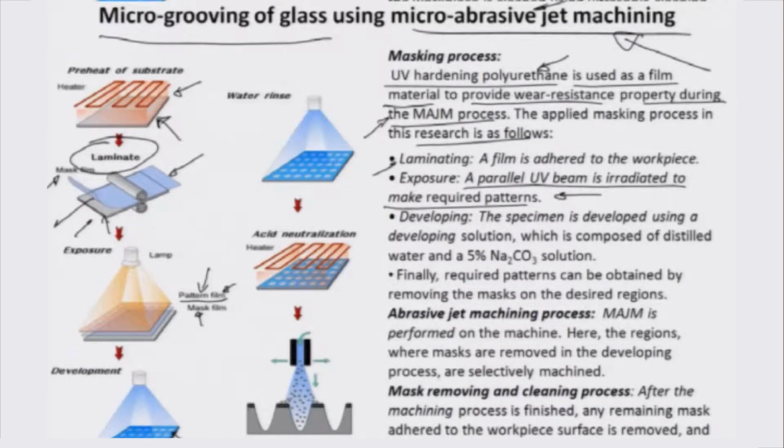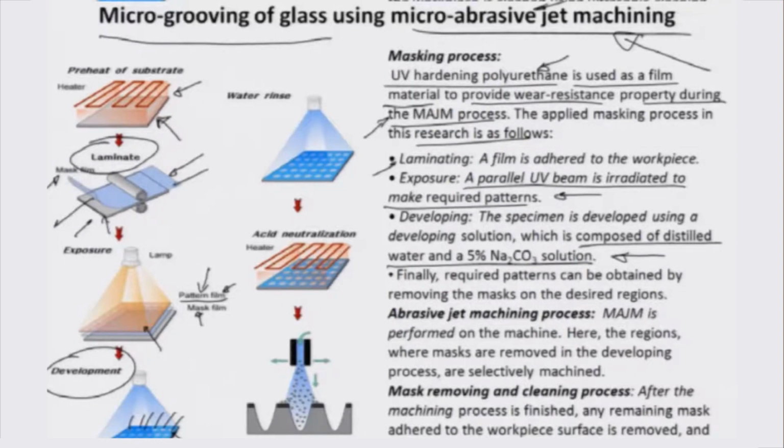Okay, so after the exposure is done and the developing is provided by a solution composed of distilled water and 5% sodium carbonate solution, the holes which are exposed through this pattern film on the mask film come off. So they are now empty crevices created on this blue masking film or laminate film right here.